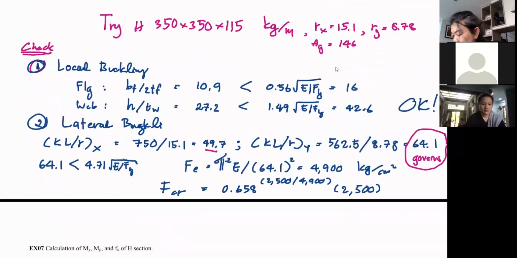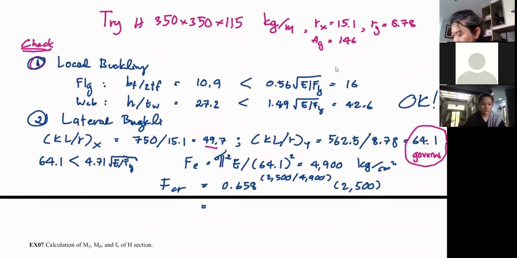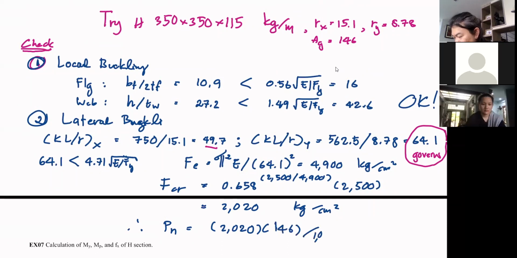Seems like we have to intrude a little bit here. So that gives us 2020 kilogram per square centimeter, and therefore we can now have our P nominal, which is this number 2020 multiplied by the area, which is 146, divided by 1,000.